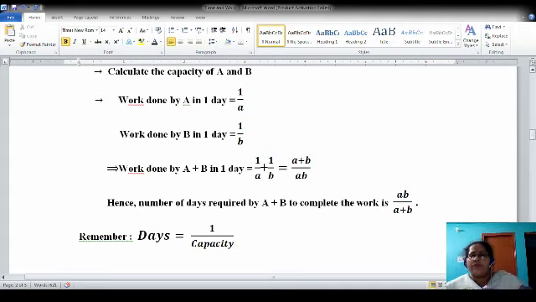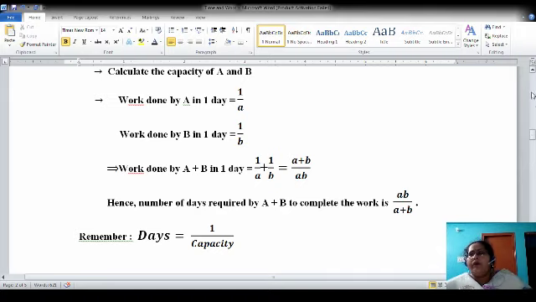Please remember that number of days is equal to 1 by capacity. If we remember this basic thing, we can do the problems in a very quick manner. And if we remember the formula also, we can put in the formula directly, or we can follow the steps when we get a particular problem, whichever you feel convenient.